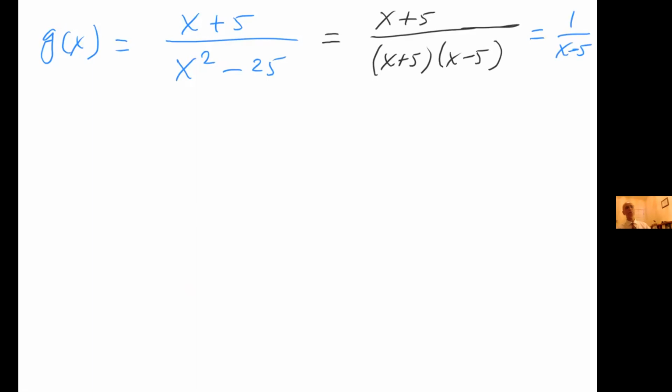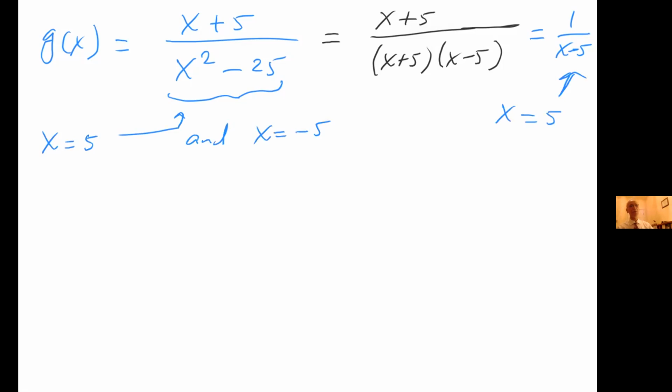At x equals 5, x squared minus 25 is 0, and at x equals -5, x squared minus 25 equals 0. But when I simplify my rational function, I only have 1 over x minus 5, and at x equals +5 the denominator is 0.